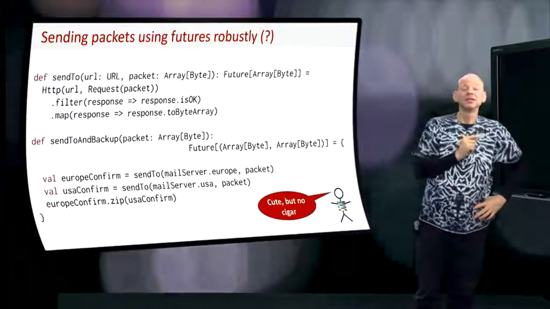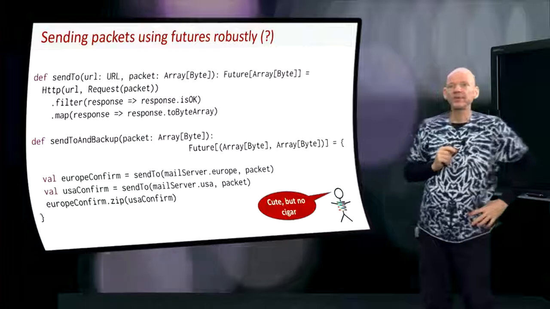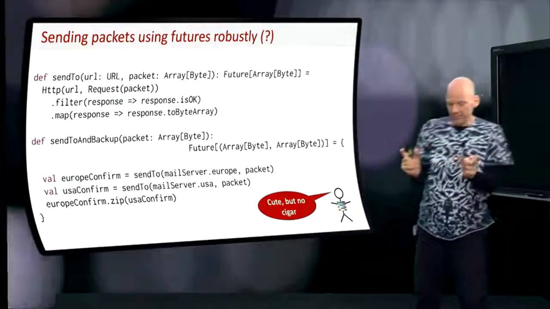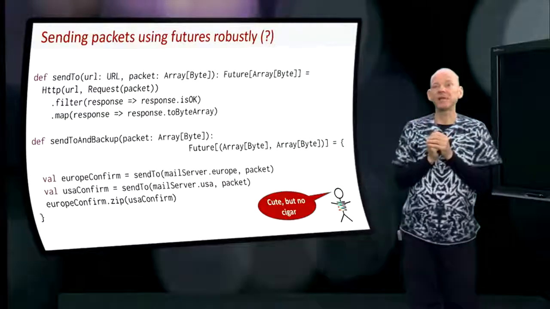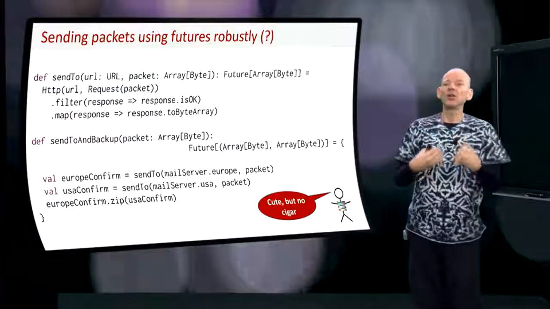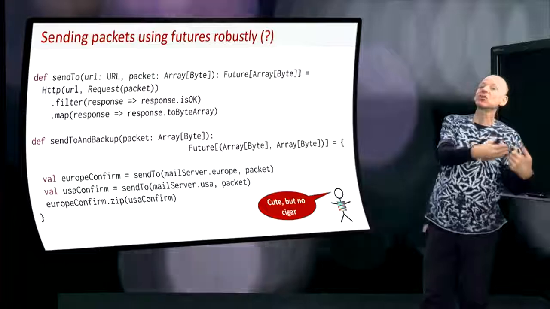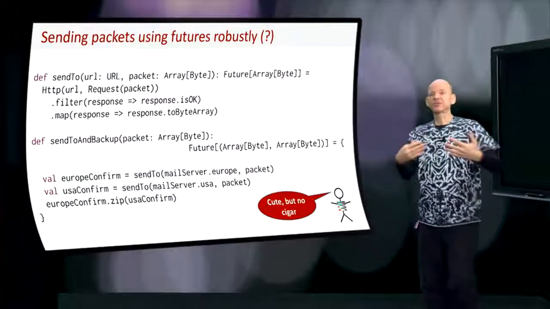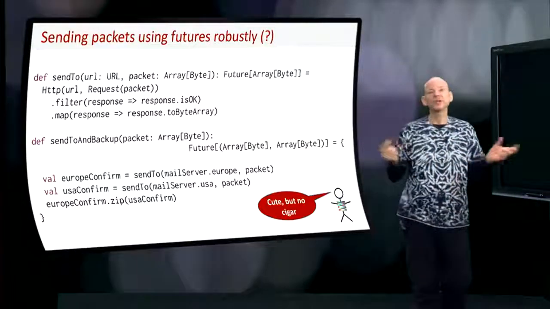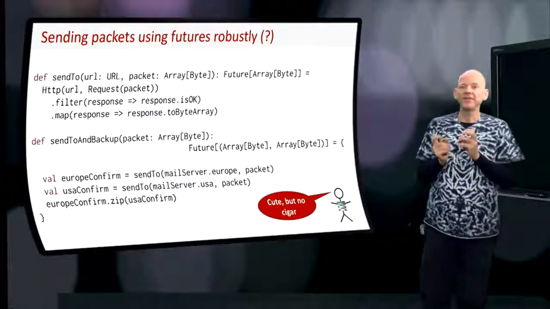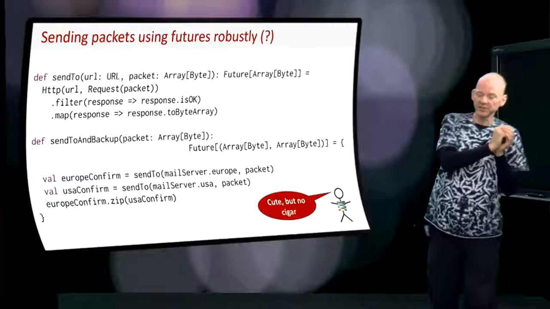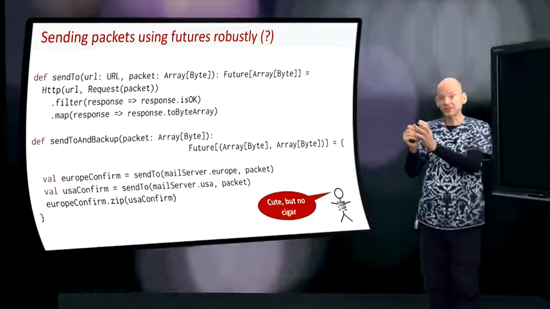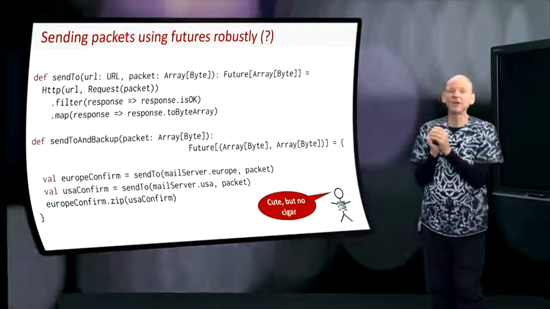Well, no, because if you remember what zip does with lists, if it takes an empty list and another list, it will just return the empty list. So zip will always conform to the shortest list that you're zipping. And the same is true when you're zipping 2 futures. In that case, the error case is the empty list, and the success case is the non-empty list.